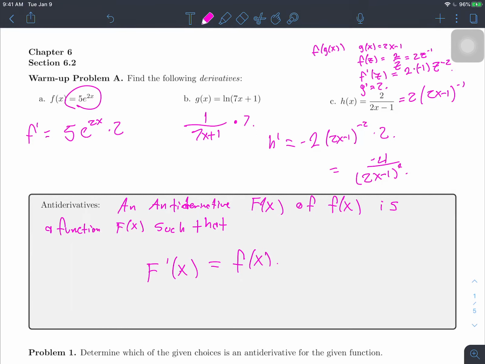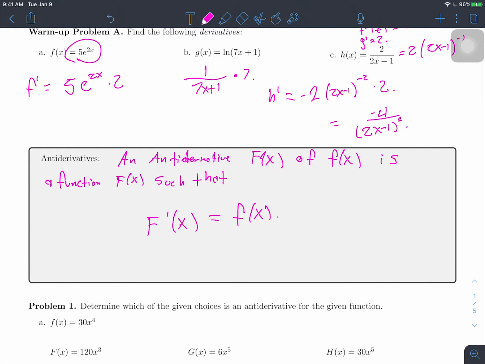Okay, so let's have an example. If f of x equals 3x squared, can we find some function capital F of x such that its derivative is 3x squared?